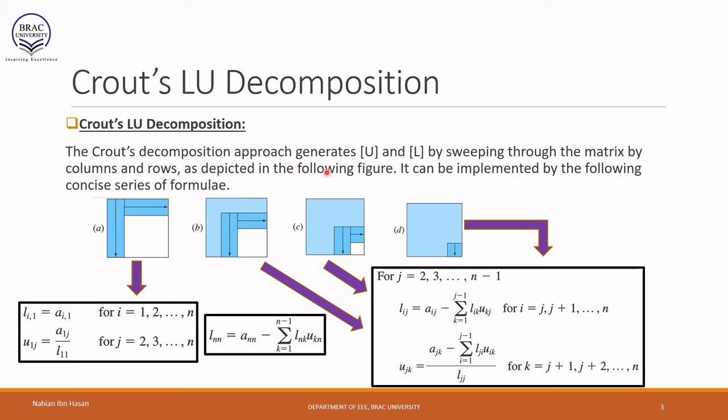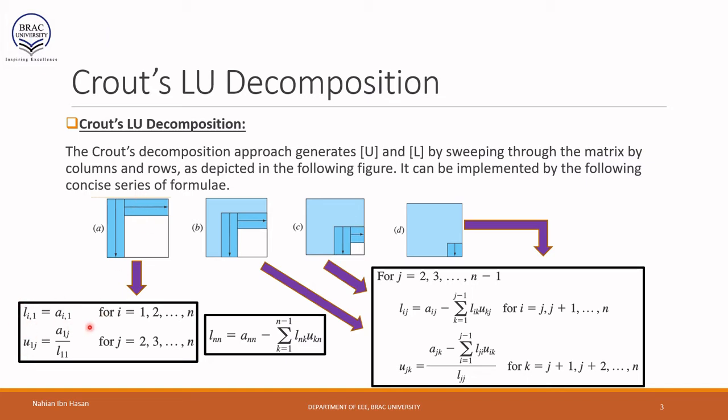The Crout decomposition approach generates the upper triangular matrix and the lower triangular matrix by sweeping through the matrix rows and columns. For example, we sweep through the first column of the whole coefficient matrix in this way and we get these values. Similarly, then we go through the first row and use this formula to get these values.